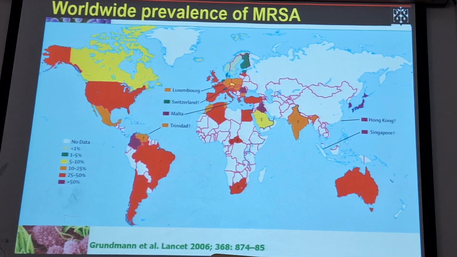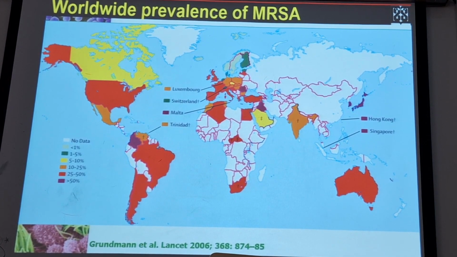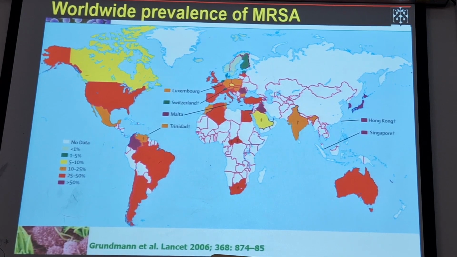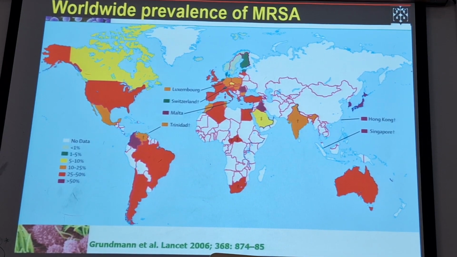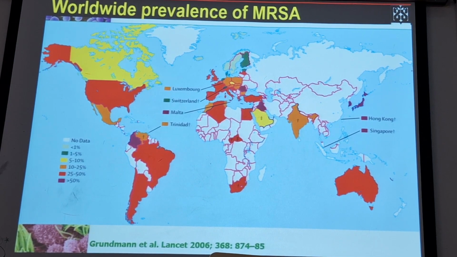Unfortunately, in many developing countries such as Iran, Iraq, Afghanistan, Pakistan, the prevalence of MRSA is very high. Misuse or abuse of antibiotics accelerates or facilitates the emergence of resistant strains such as MRSA.